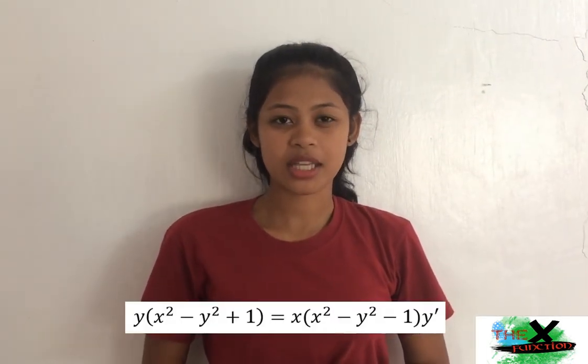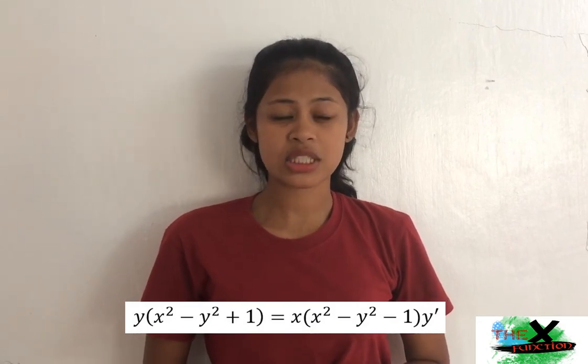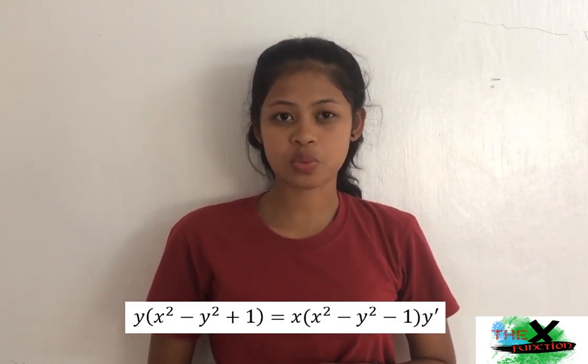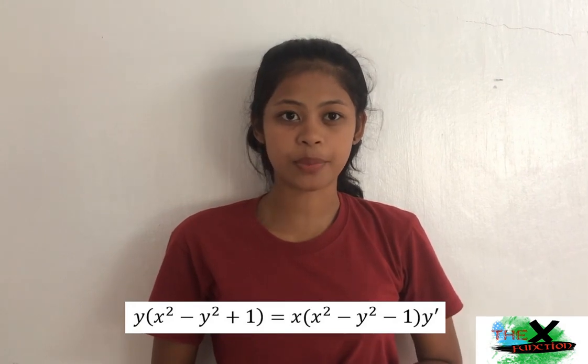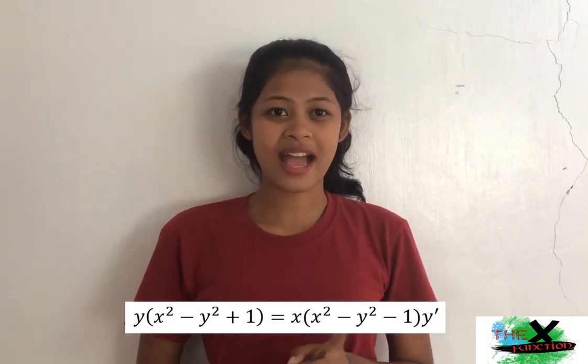Let's have another example. y times (x squared minus y squared plus 1) is equal to x times (x squared minus y squared minus 1) times y prime. Now, let's take a closer look.